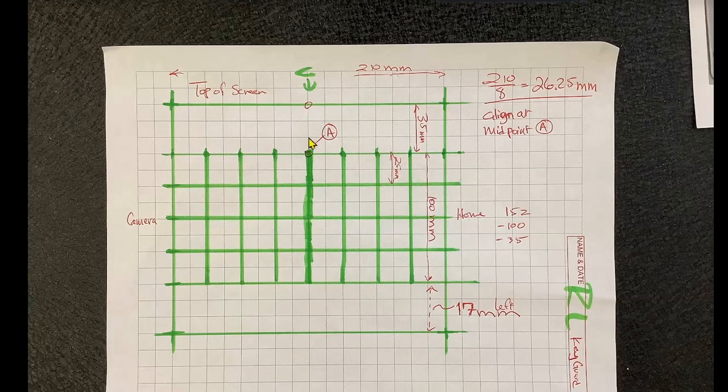I also know that this line A is the center, and if we follow from the center, then we know that it is going to be 210 wide for the whole thing. So if we divide that by 8, because we have 8 buttons, we end up with 26.25 millimeters. So if I start from this center point, then it's 26.25, 26.25, 26.25, and then whatever is left.